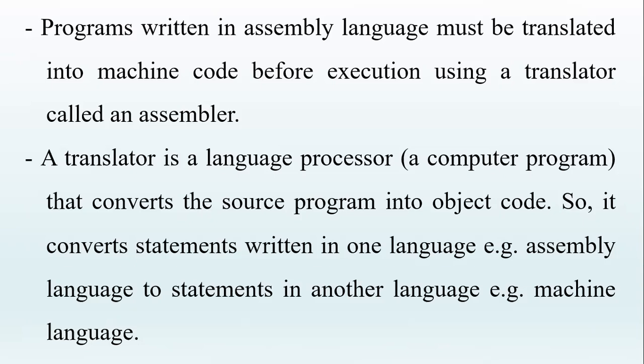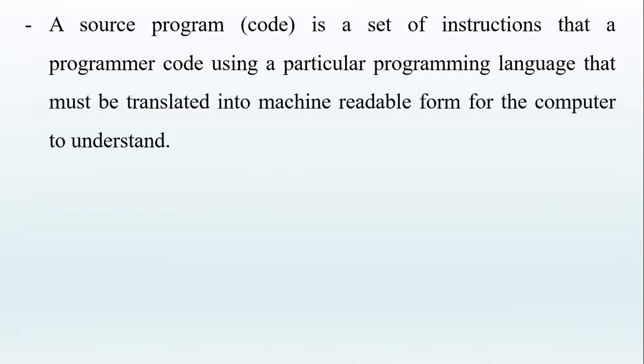So it converts statements that have been written in one language, that is assembly language, to statements in another language, which is usually the machine language. A source program or code is a set of instructions that a programmer writes using a particular programming language that must be translated into machine readable form for the computer to be able to understand.